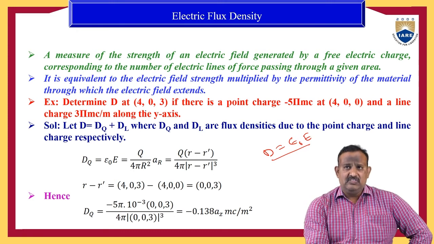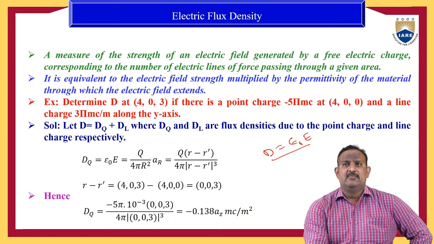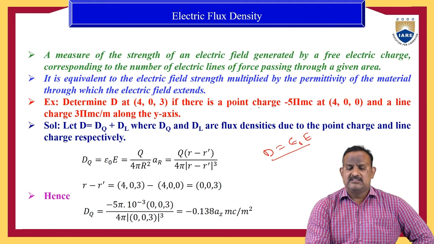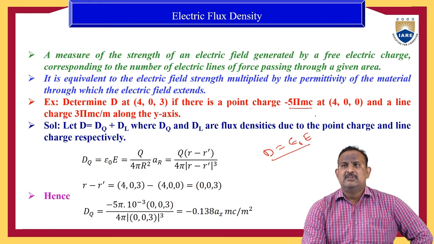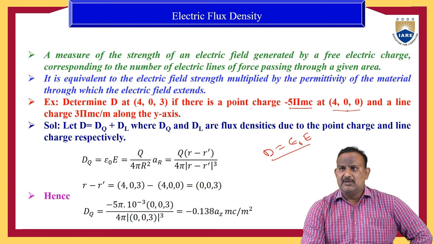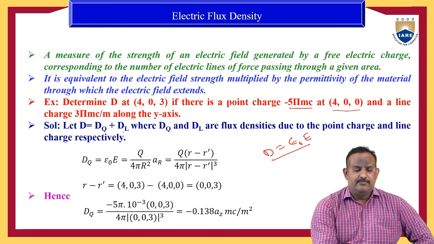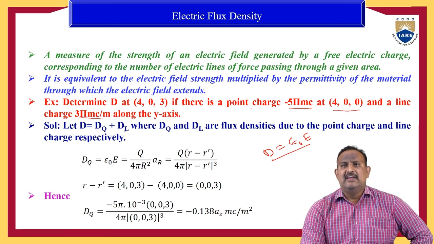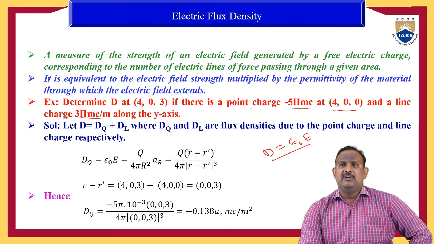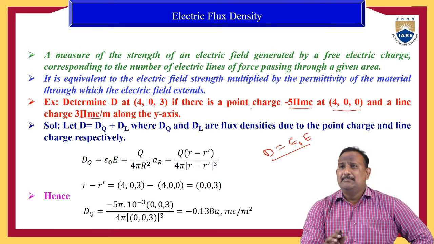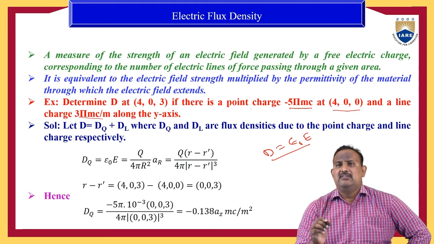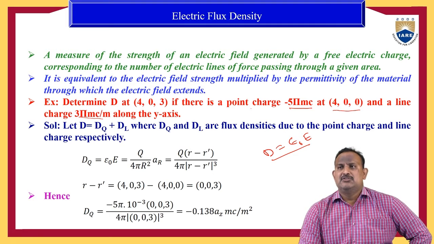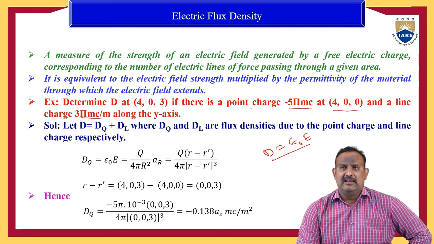Here we will see a small example for electric flux density. Determine the electric flux density D at point (4, 0, 3), if there is a point charge of minus 5 pi millicoulombs located at (4, 0, 0), and a line charge of 3 pi millicoulombs per meter along the y-axis. We need to find the electric flux density due to the point charge and due to the line charge, a continuous charge distribution.